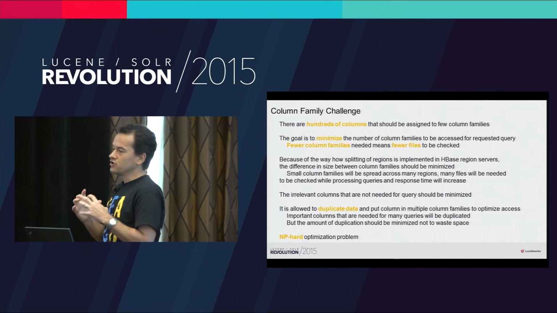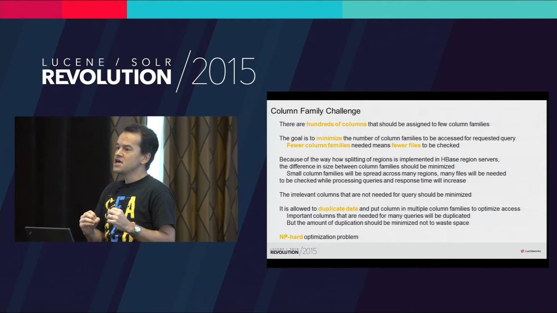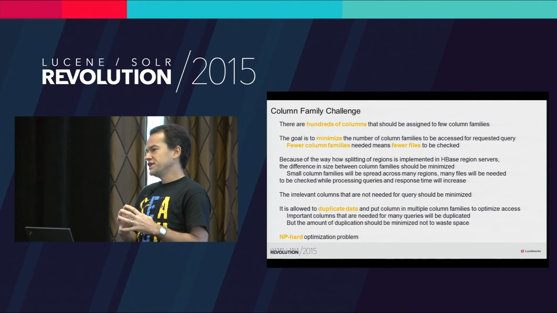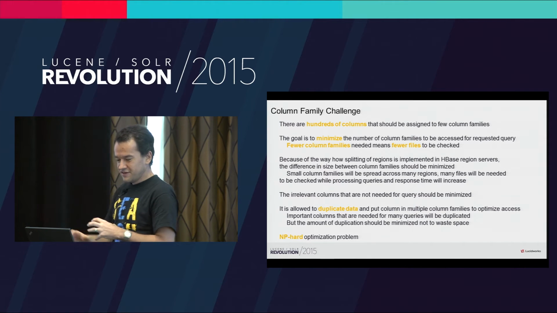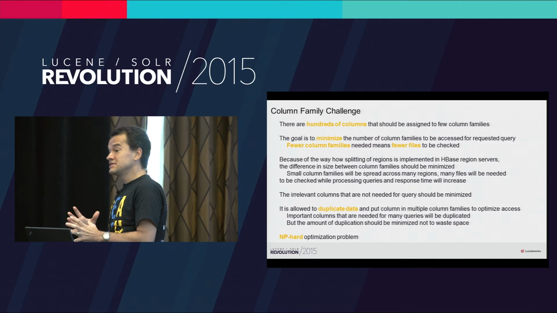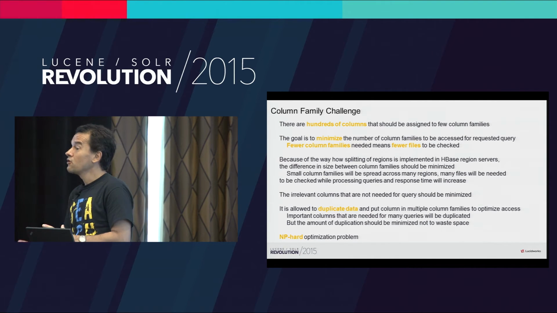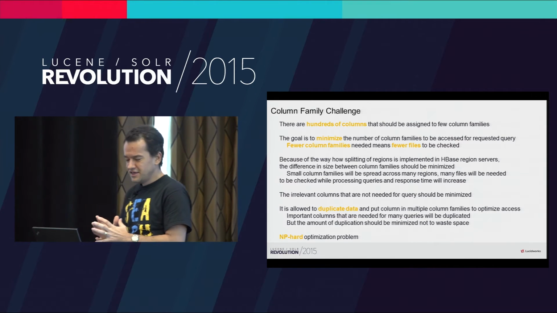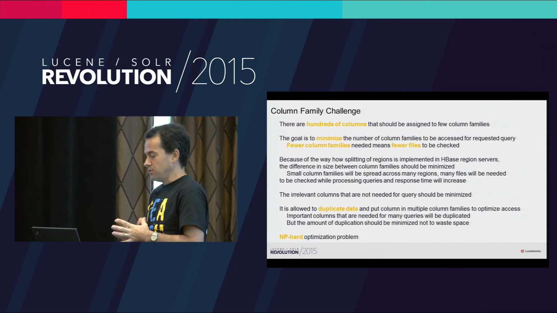It means the primary objective is to minimize the number of column families that you need for the queries that you have to support. And in order to achieve that, you can duplicate the data. Duplicating the data means important columns you will save in multiple column families. But at the end, it's really an NP-hard optimization problem.